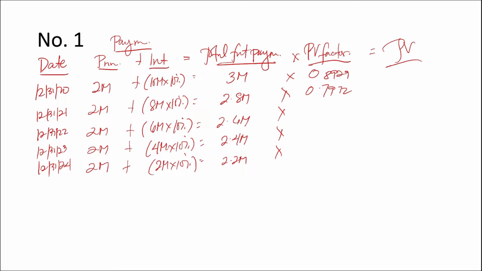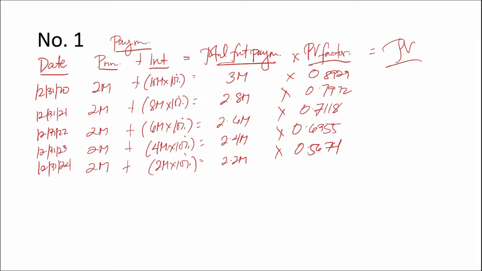Third, 0.7118. Fourth, 0.6355. And for the fifth, the last one, 0.5674. Okay?